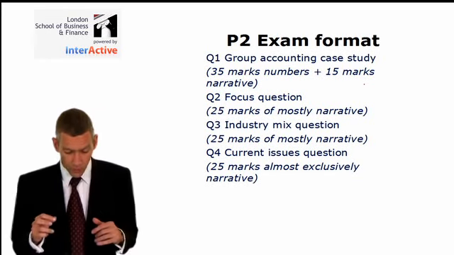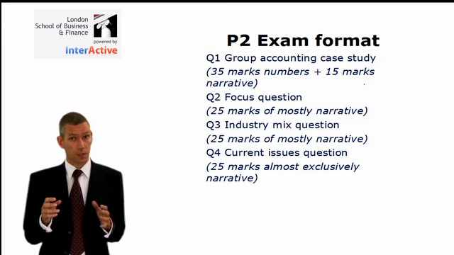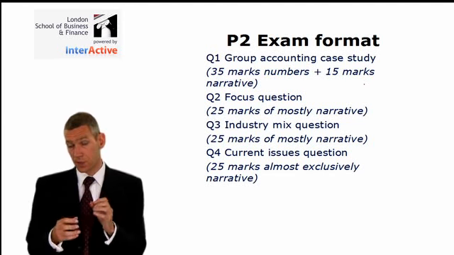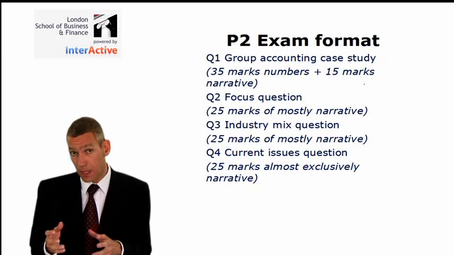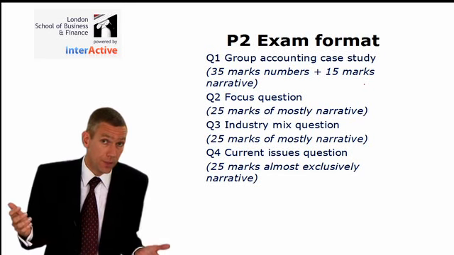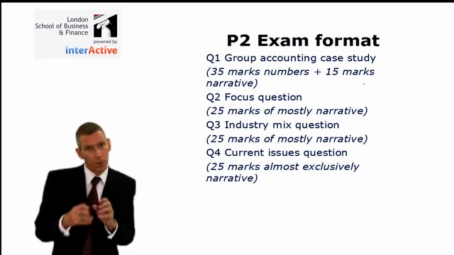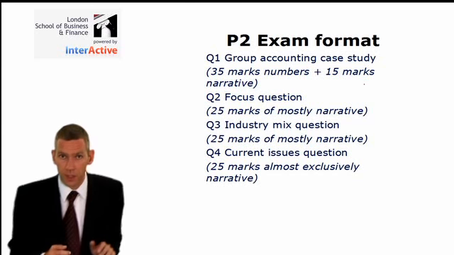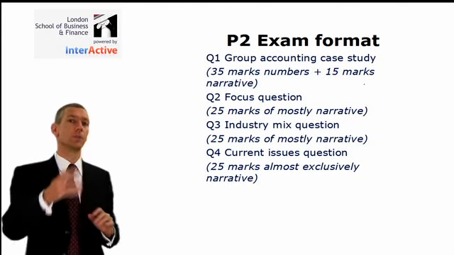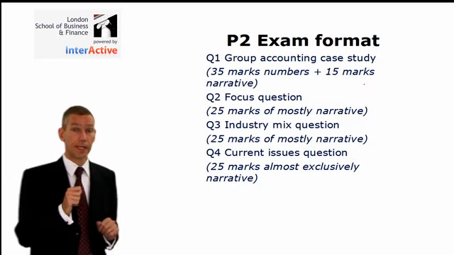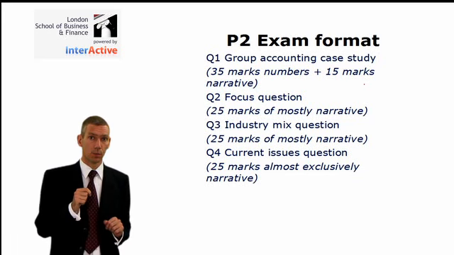And question 4 is the current issues question. So he takes something that the international financial reporting guys are developing, for example, financial instruments, and gets you talking about what we do now as regards financial instruments, what's wrong with that, and how it is being developed by the International Accounting Standards Board.